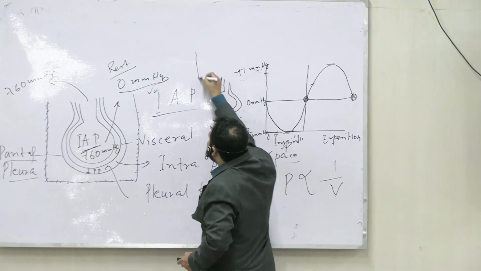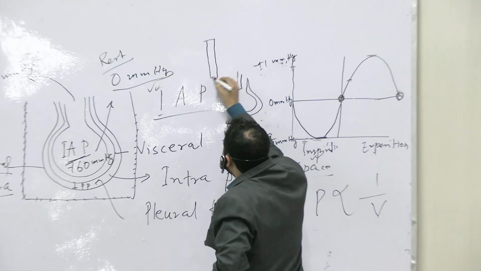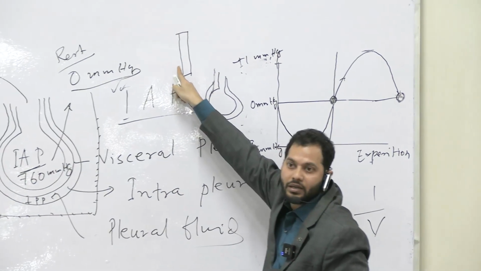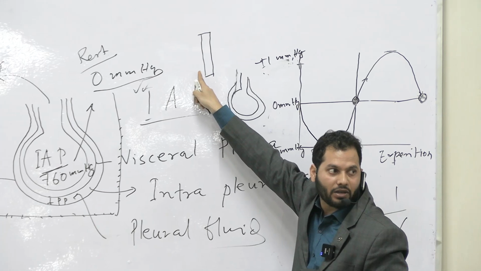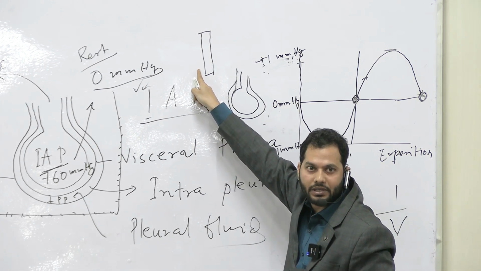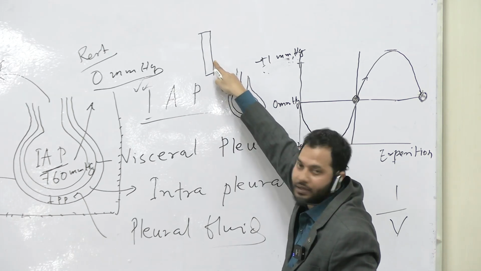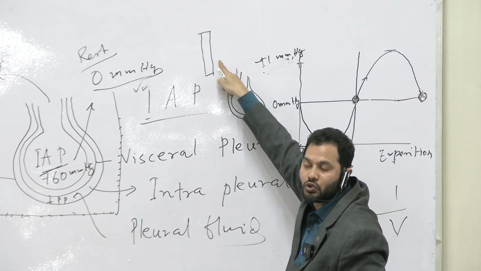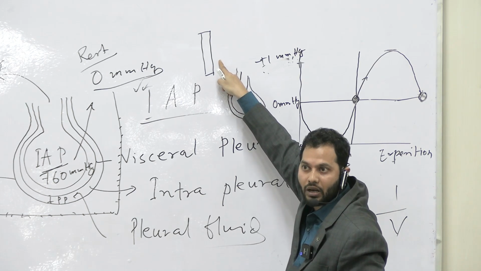Suppose at rest, this is the pleural space. This side is the visceral side, which is attached to the lung surface, and this side is the parietal side, which is attached to the chest wall.